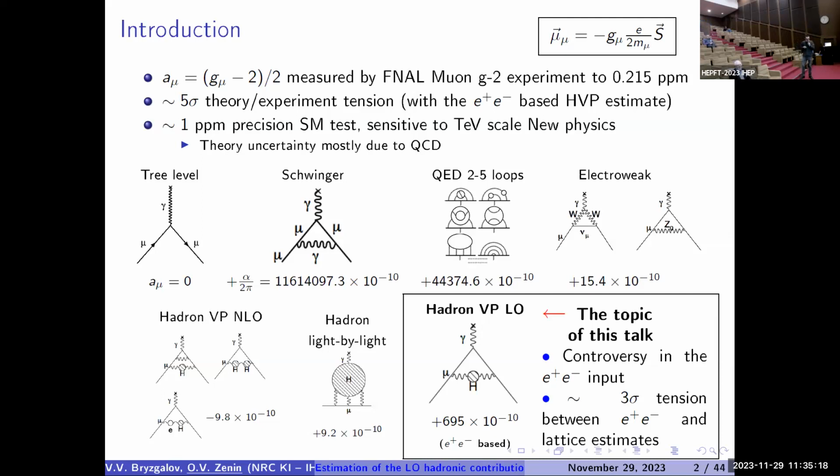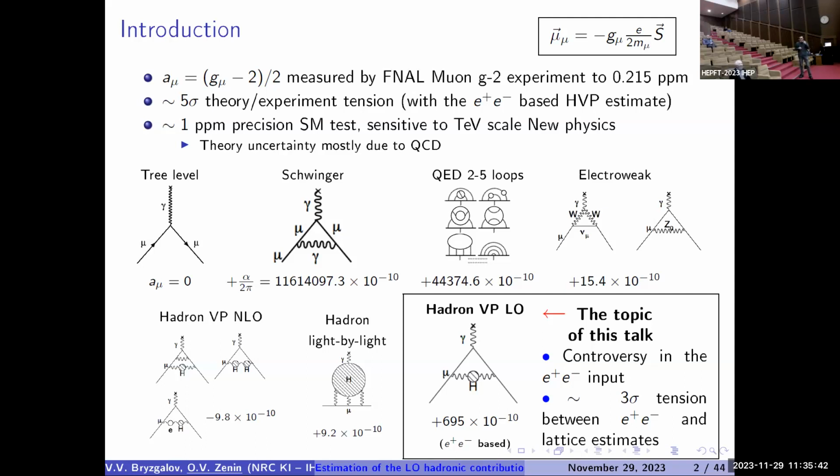But this somewhat idealized picture is spoiled when one tries to evaluate loops with quarks and gluons. You see, the scale of momentum running in this loop, photon momentum, I mean, is given by the muon mass.